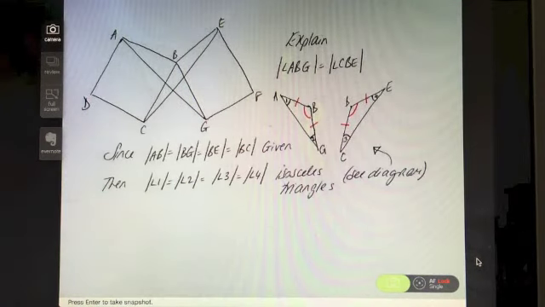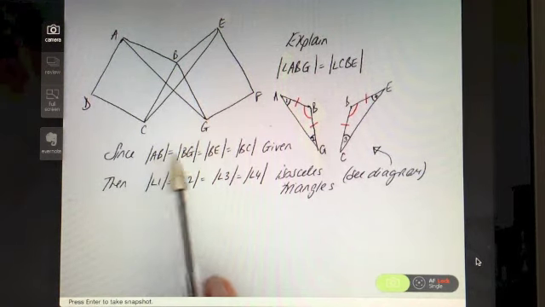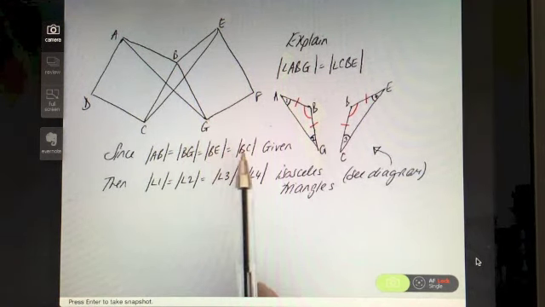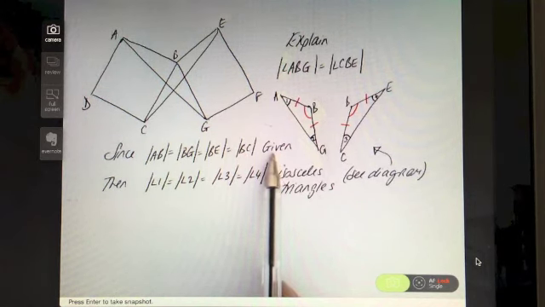So to put that all down formally in writing, everything that I've just gone through: I know that AB is equal to BG is equal to BE is equal to BC, because that was given to me. I was told that the two squares were identical.